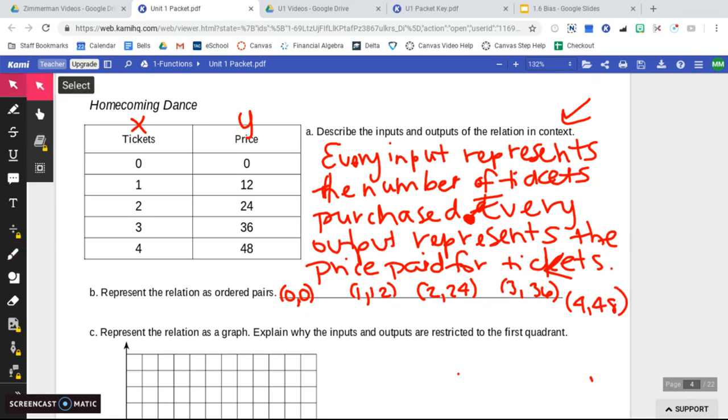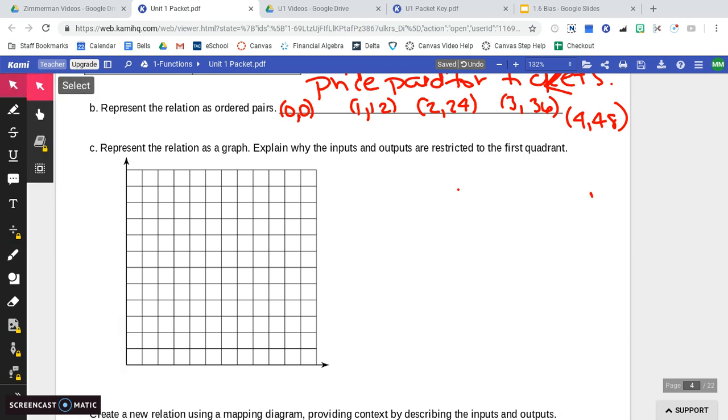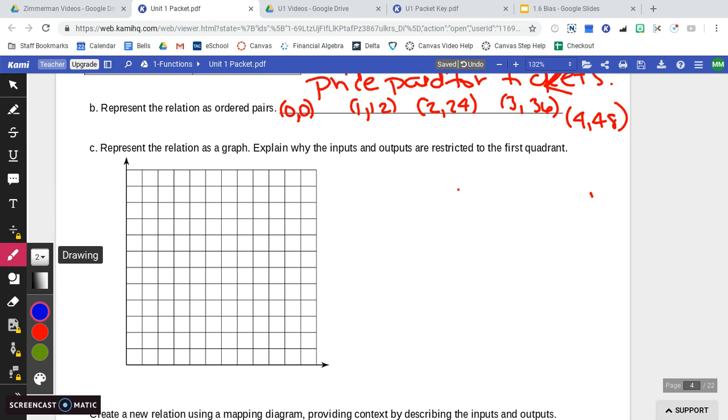And then, using those ordered pairs or the table, we want to represent the relation as a graph. Now, we weren't given very much on the graph as far as labeling. So let's think about it: the x-axis is horizontal, and that was tickets. So you could put number of tickets, or tickets purchased, but we'll just put tickets like the table said.